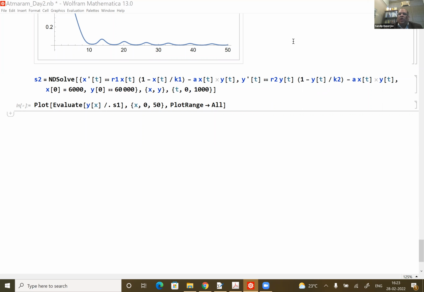Non-homogeneous boundary value, coming to that. Are you pressing shift and enter?